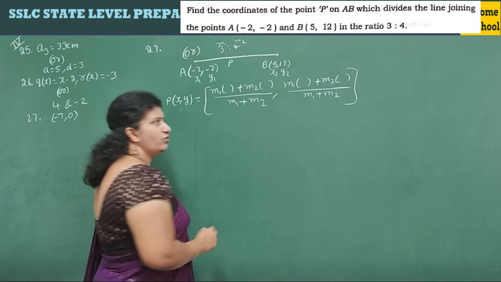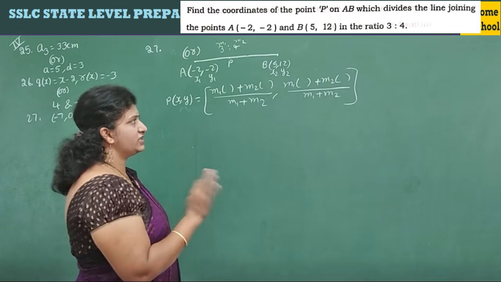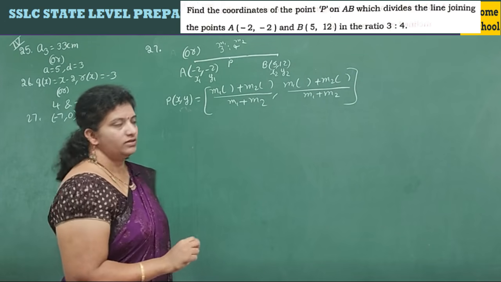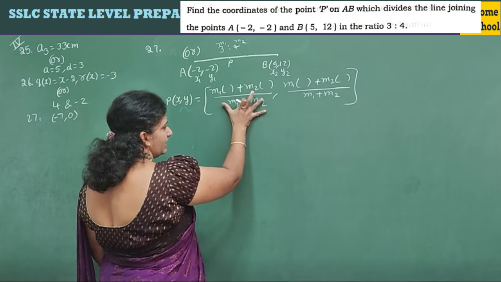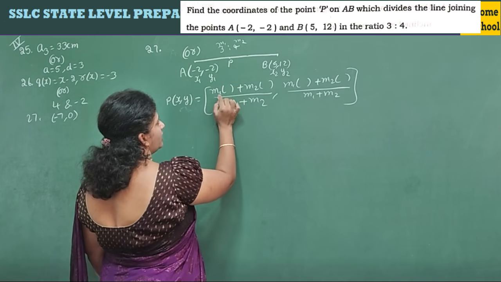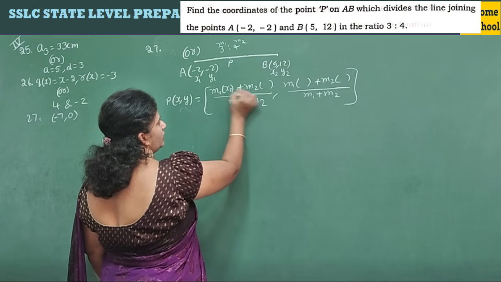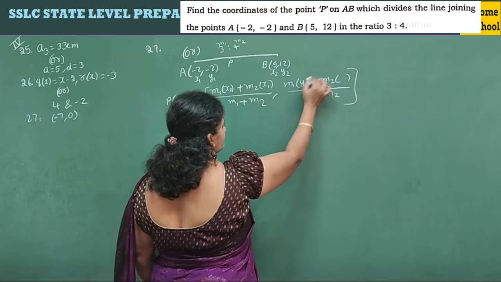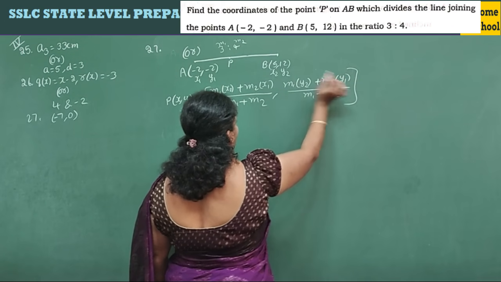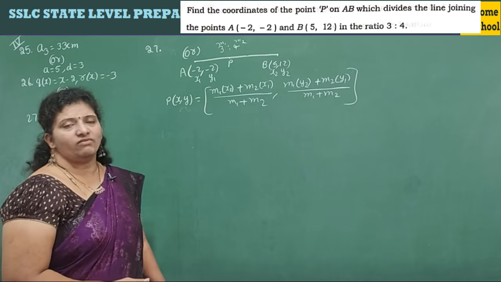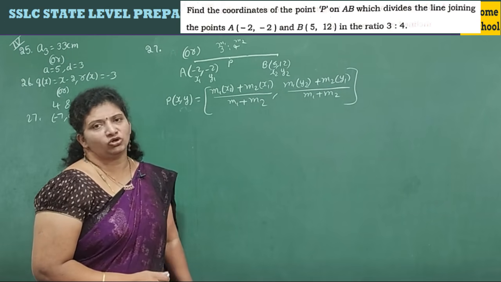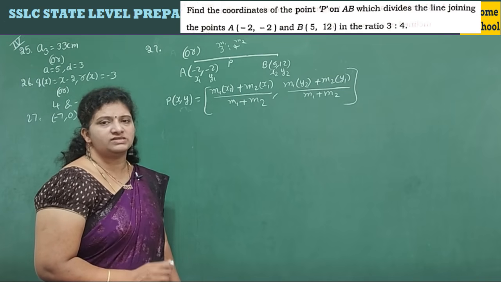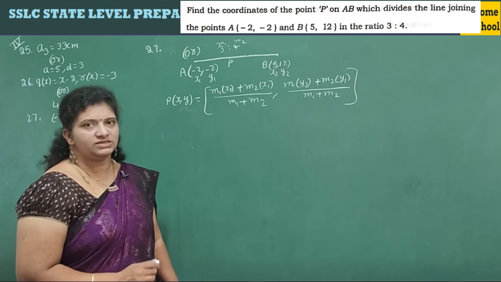Write like this, you won't be confused. First write (m1 plus m2) by (m1 plus m2) two times. Now this set belongs to x. Here 1 you have, write x2. Here 2 there, write x1, and in the same manner, this is y, y2, y1, right? Now (m1 x2 plus m2 x1) by (m1 plus m2) comma (m1 y2 plus m2 y1) by (m1 plus m2).